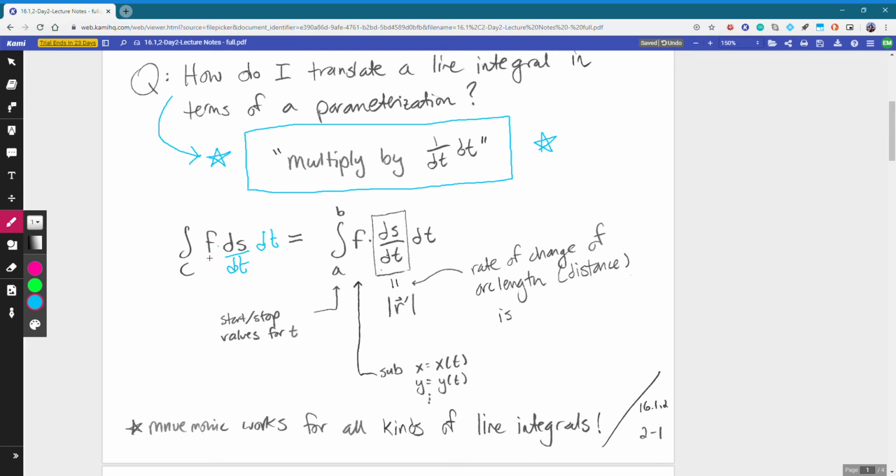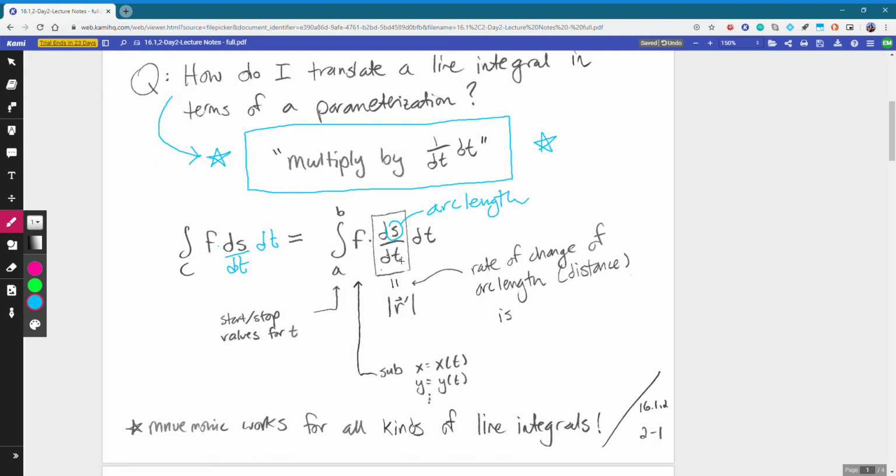So the idea here is that we have to do some subbing. Our stop and start values for t plug in. Here's our start value and our stop value. Our function, we need to sub in what x, y, and z are in terms of our parameterization. But this ds dt, I claim, is telling us what should go there. S is representing arc length along our curve, or in other words, distance.